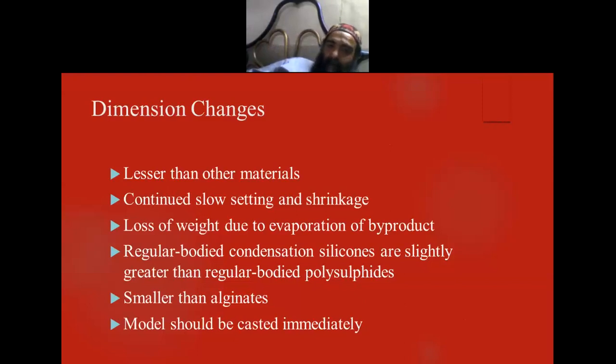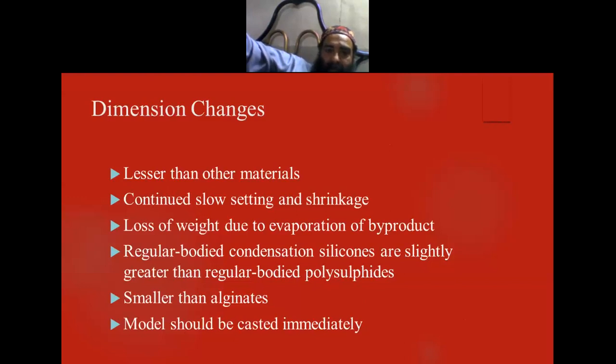Why? Due to the cross linking and production of byproduct and evaporation of ethyl alcohol. Ethyl alcohol readily evaporates compared to water. Loss of weight due to evaporation of byproduct is another factor which results in dimensional change.